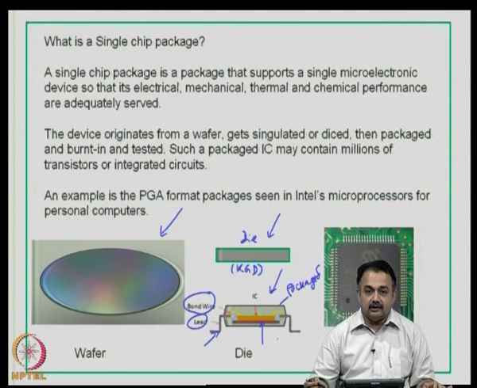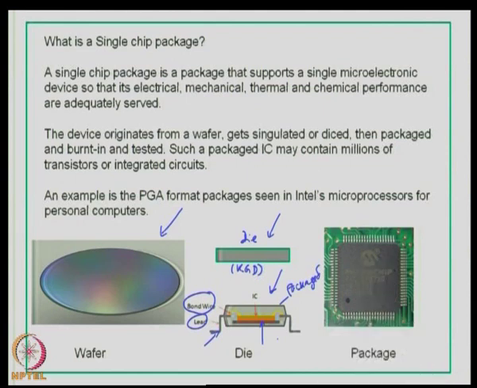Then you can see here, this is how a single chip package or a single chip module will look like. Here you can see at the center there is the encapsulant material. If you rip open this particular package, you will see the bare die inside.